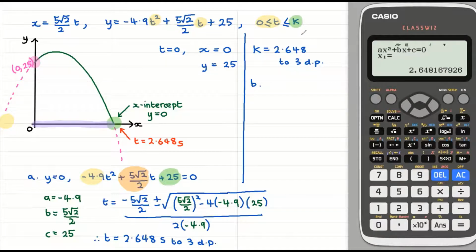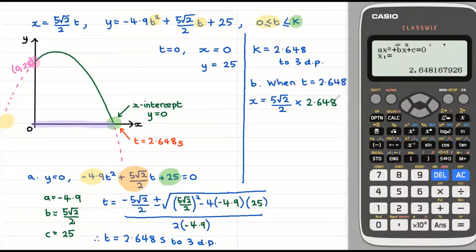So let's state, when t is equal to 2.648, x is going to equal 5 root 2 over 2 multiplied by that number we've just found, 2.648.